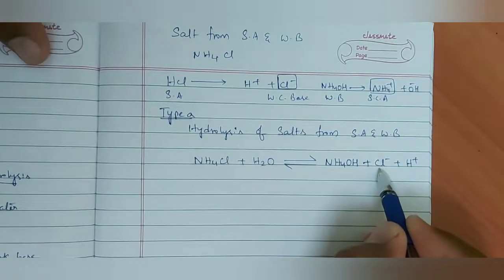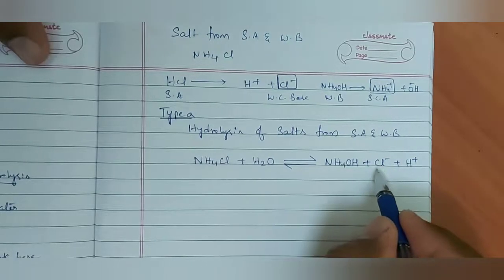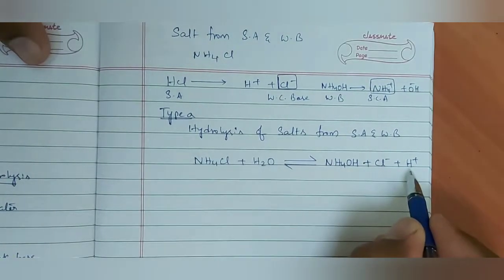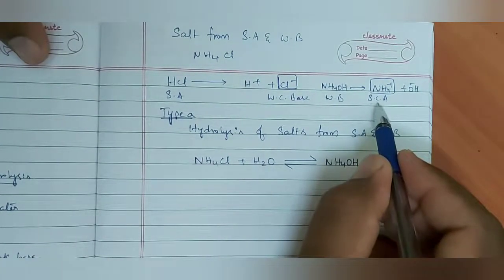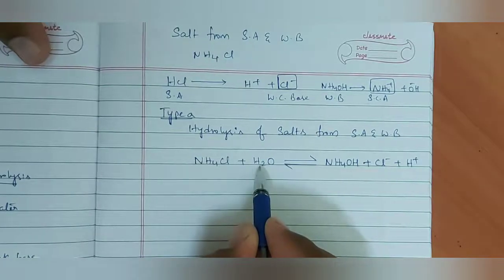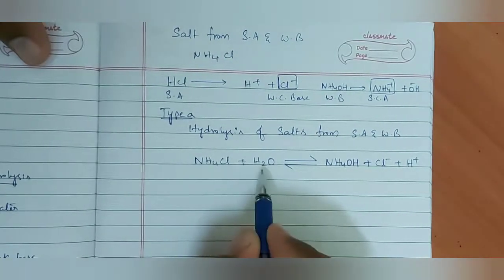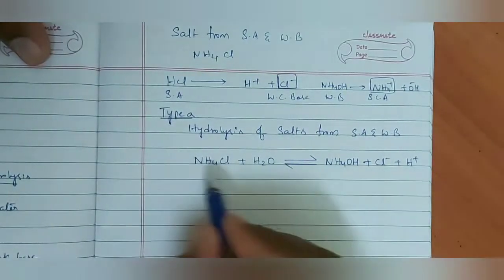So the Cl minus cannot abstract H plus ion easily. That's why the Cl minus ions and H plus ions will be present like that only. But NH4 plus is strong, isn't it? So this NH4 plus will combine with OH minus, opposite charges, to form NH4OH. I hope you understood this concept.